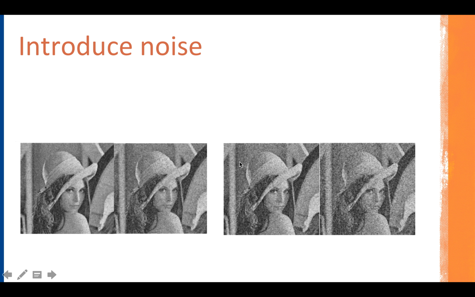And here, I show 4 pictures from left to right. The noise density is increasing. Here is 10%, 30%, 60%, 70%. As we can see, as noise density increases, the quality of the image decreases. The picture gets more and more vague.